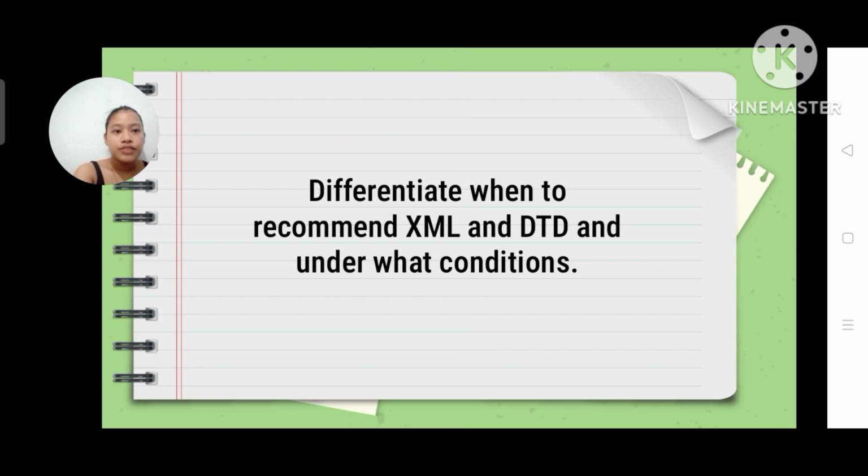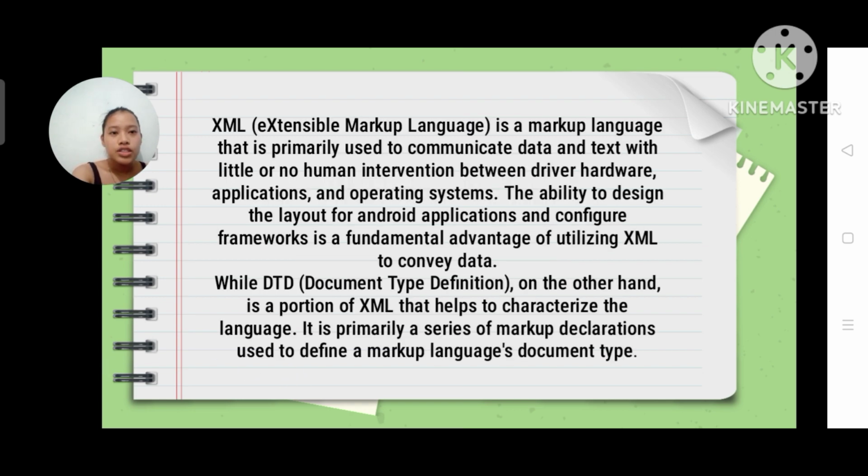Now, differentiate when to recommend XML and DTD and under what conditions. XML, or Extensible Markup Language, is a markup language primarily used to communicate data and text with little or no human intervention between driver hardware, applications, and operating systems.